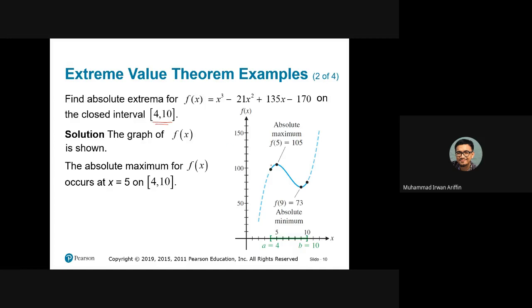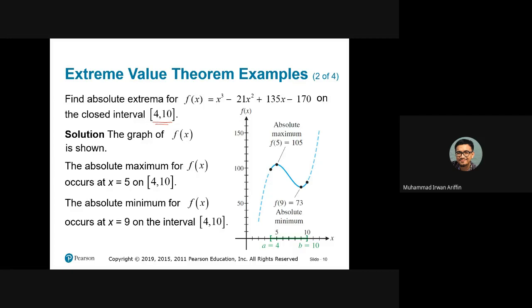When we focus on this graph within this interval, this would be the highest point. So this is the absolute maximum, which occurs at f of 5. And the absolute minimum would be here, because when we compare, this is the lowest point within this interval, from 4 to 10.